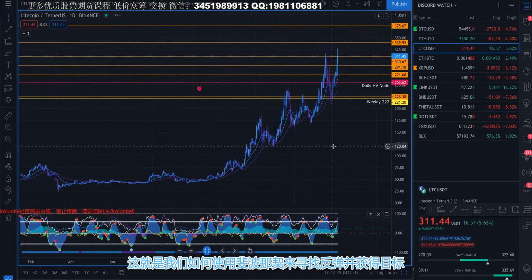We can use a combination of these levels along with other support and resistance that we draw by hand, along with Market Cipher, to find really, really good entries.